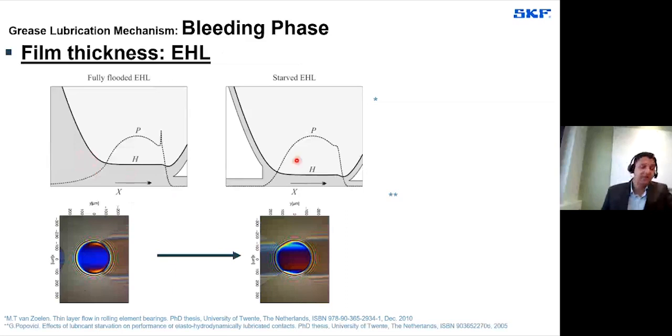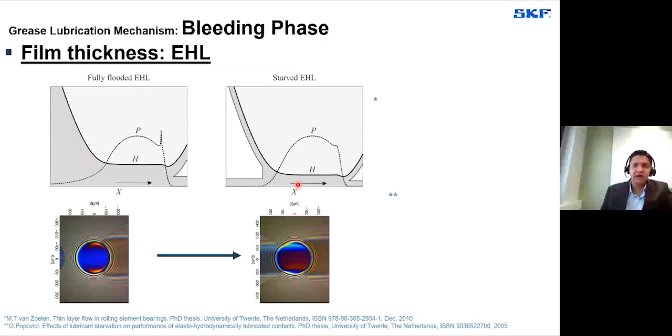If you look into this picture where you don't have enough supply of the lubricant in the contacts, then oil layers from the rollers and the raceway will start to merge and create a meniscus that is very near to the Hertzian contact. So that means the pressure distribution has to start from this point, with a non-zero pressure gradient. What this will do is reduce the film thickness.